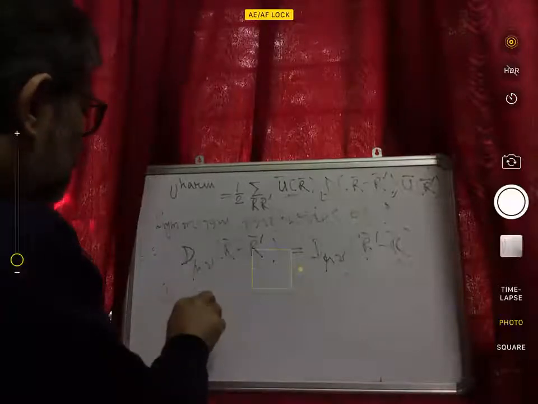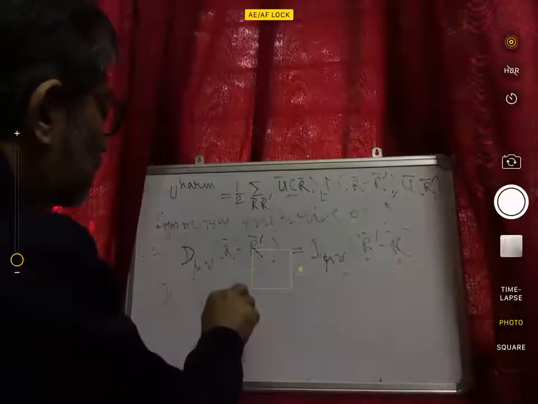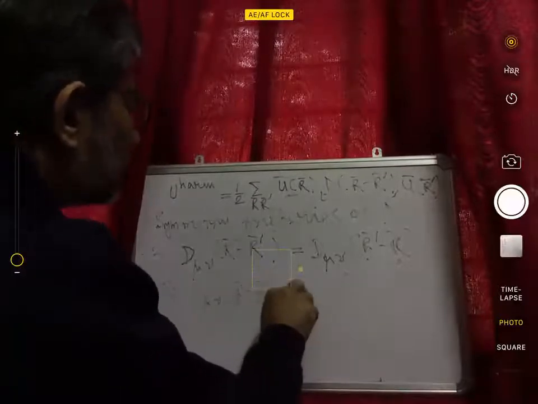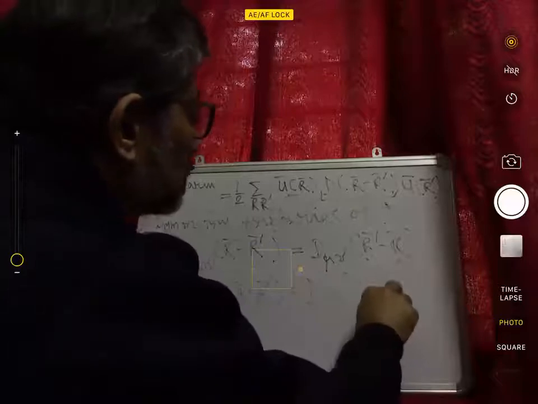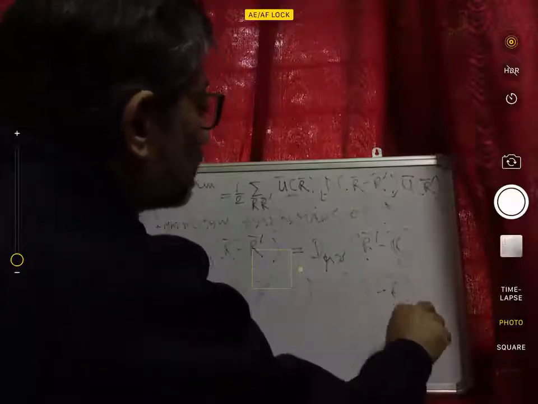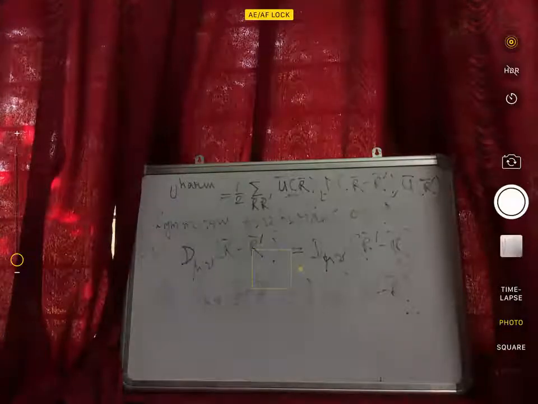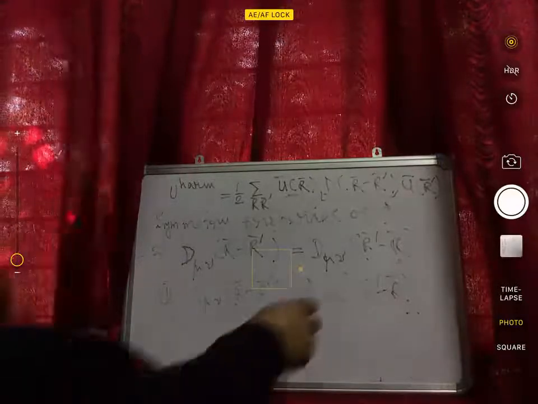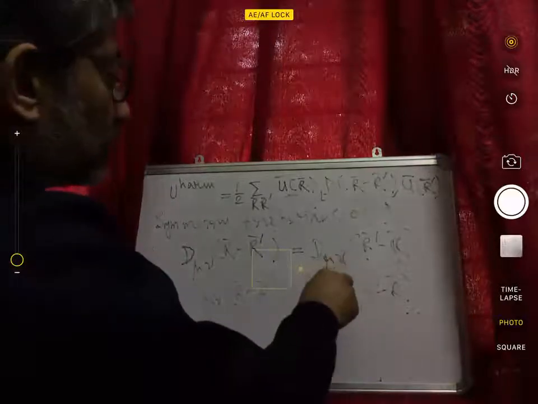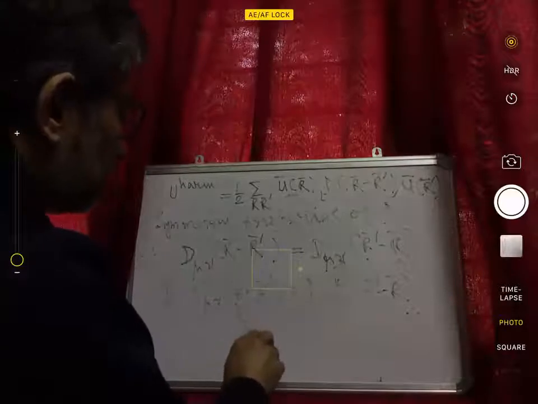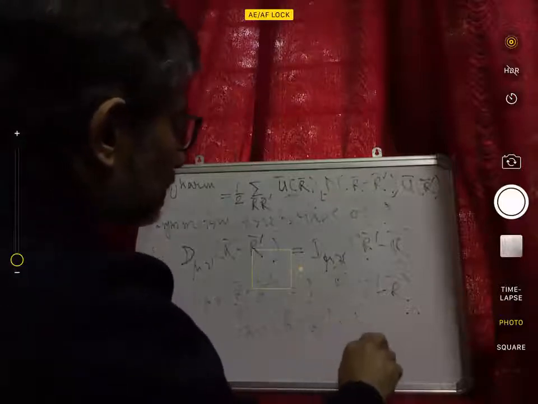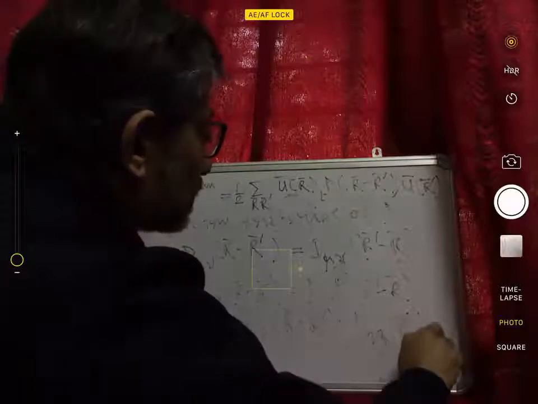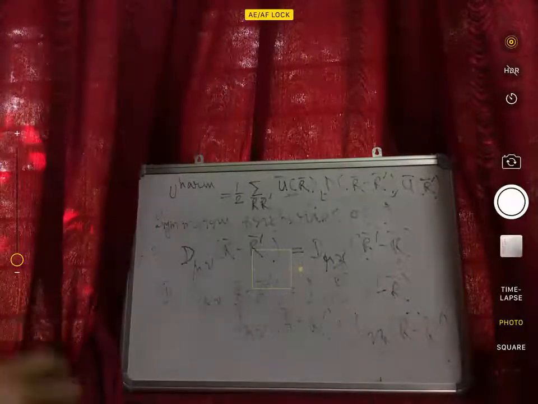The first one was so now you can equate these two, which gives you D mu nu of r minus r primed is D nu mu of r prime minus r. In other words, D is a symmetric matrix.